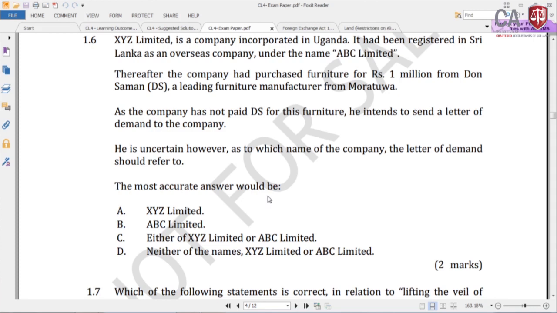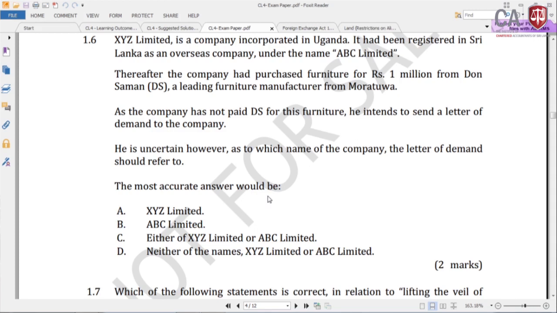Thereafter, the company had purchased furniture for rupees 1 million from Don Saman, a leading furniture manufacturer from Moratuwa. The company has not paid Don Saman for this furniture, so he intends to send a letter of demand to the company.